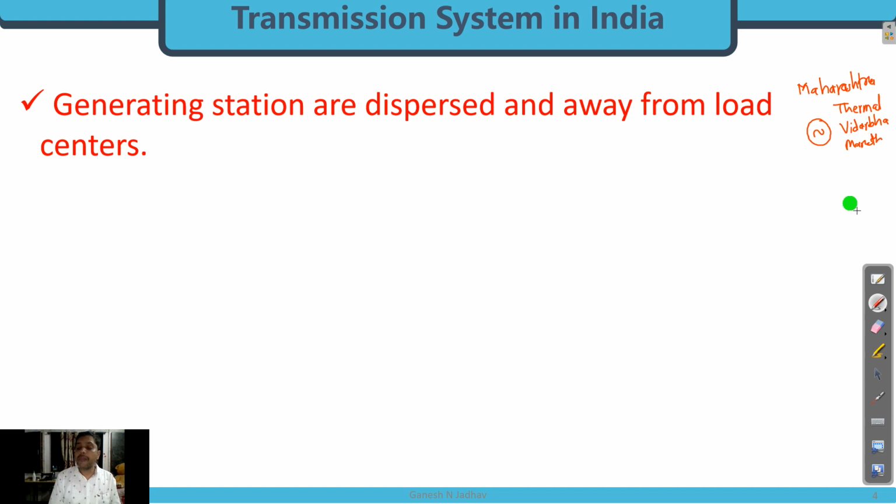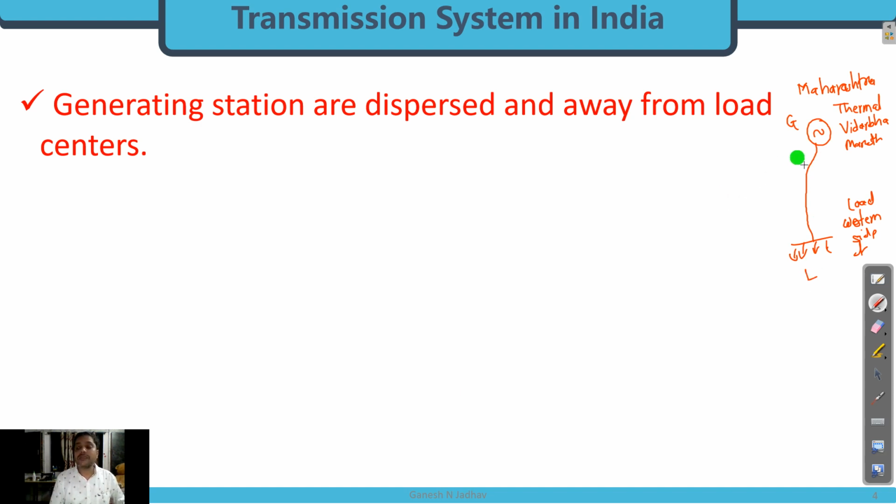If we compare the load center, the majority of the consumers are in the western side of Maharashtra. So the load center is very far away from the generating stations.